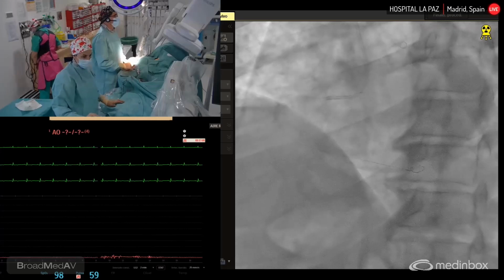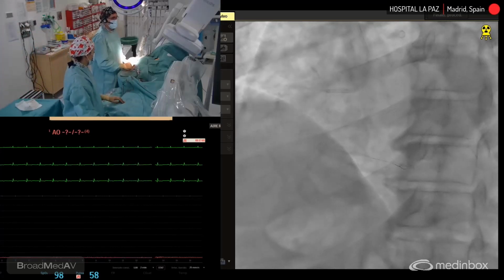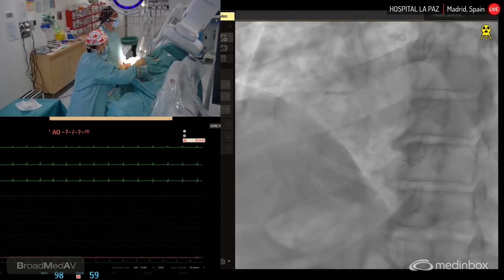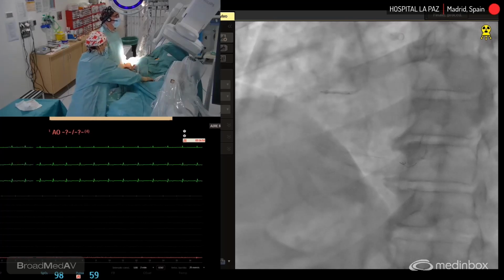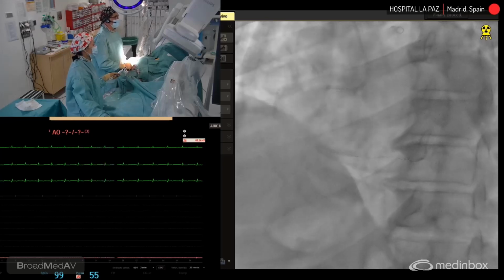So laser seems to change the properties of the calcium, destroying some bridges. The laser exerts some effects on the calcified plaques through photochemical and photomechanical mechanisms. There are several mechanisms.